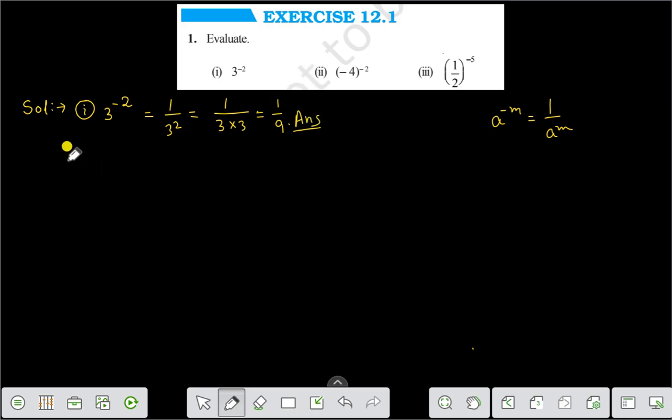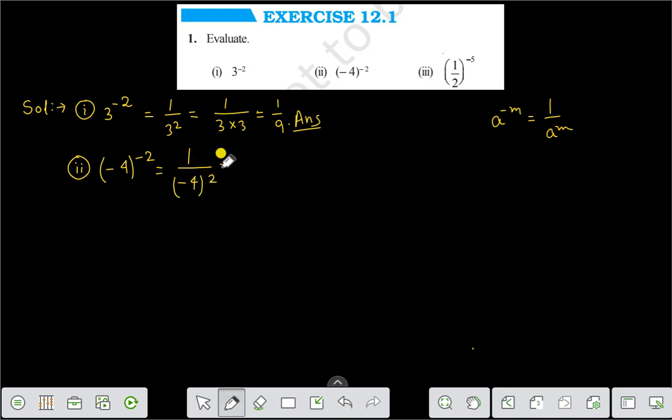Now question number 2 is given as minus 4 to the power minus 2. Using this formula, it can be written as 1 by minus 4 to the power 2.